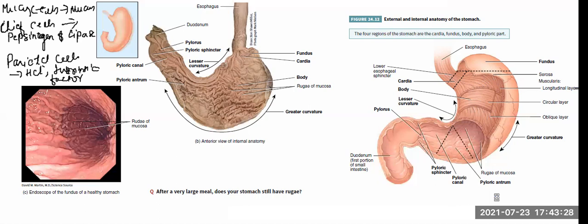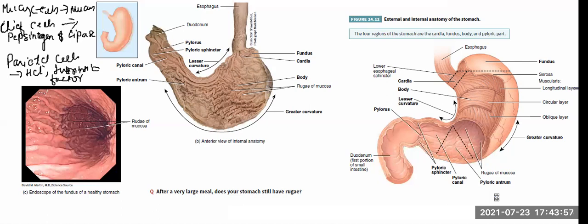And slowly your stomach will squeeze chyme into your duodenum, where maximum digestion takes place. Because the speed with which we eat a meal is not the speed with which food gets absorbed and digested, the stomach acts as a holding reservoir, like we discussed before, right?